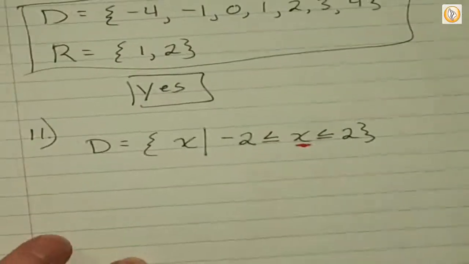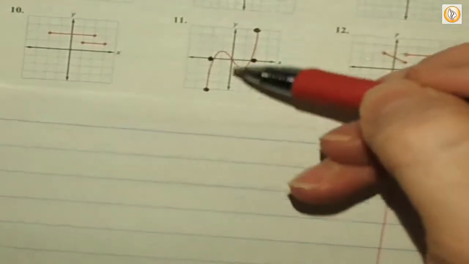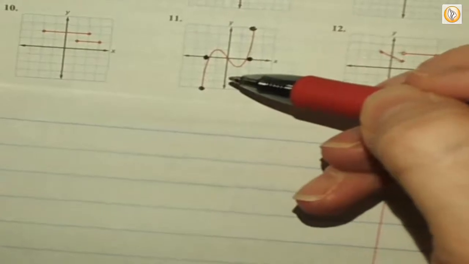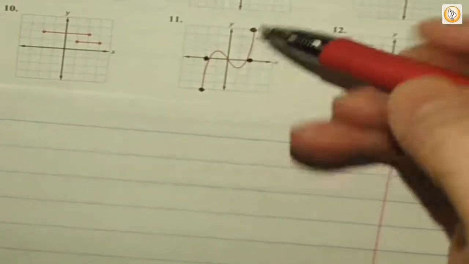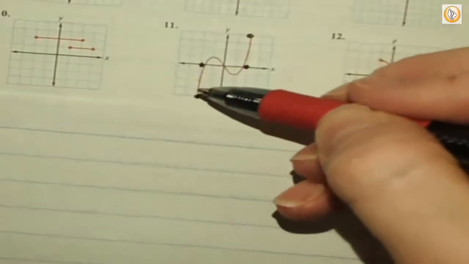Okay? Range. Well, let's look at it again. Here's your y-axis. If we were to do a million little dots for ordered pairs, they're covering a whole bunch of the y-axis.